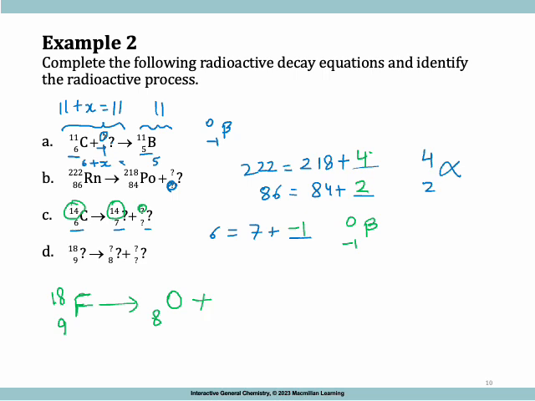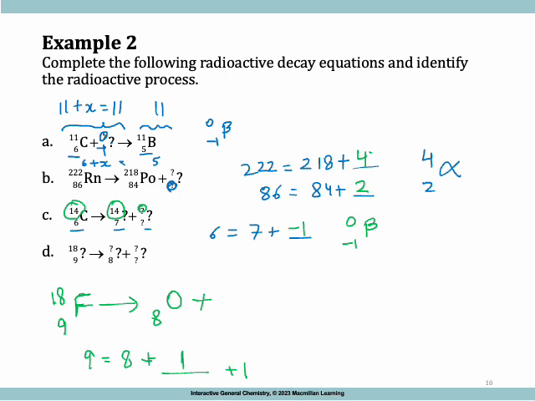How do I find this? I don't even know. Why? Because the other one is also not known. So let's first solve the bottom ones. Okay, so if we solve the bottom, this is 9, this is 8, which means 9 should be equal to 8 plus something. What would be that something? That something would be plus 1, right?